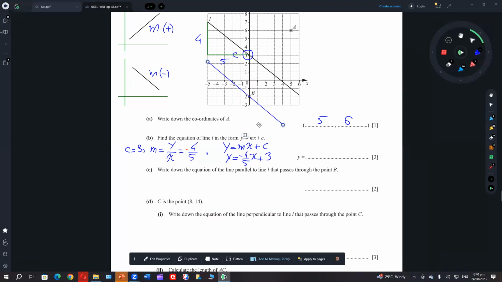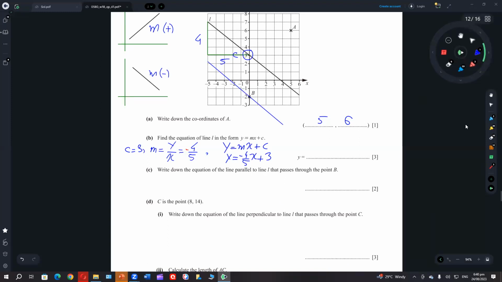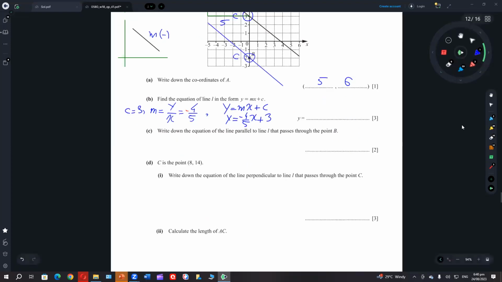Now, if a line is parallel to this line, will it have the same gradient? Parallel lines have the same gradient. So the gradient will be the same. And look at this point. This will be the y-intercept. So the gradient will be the same, minus 4 upon 5. Y-intercept will be minus 2.